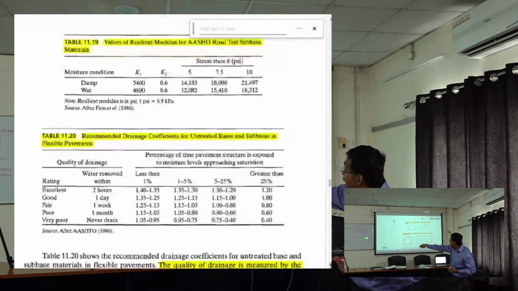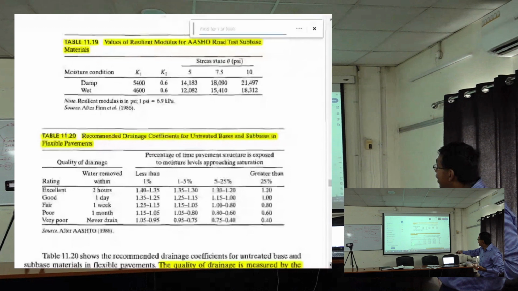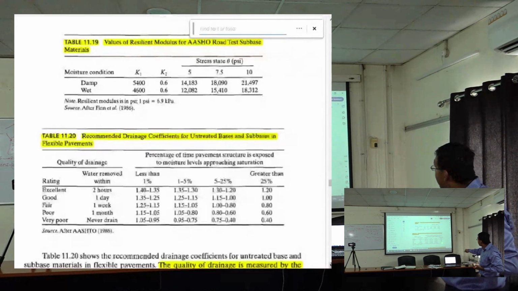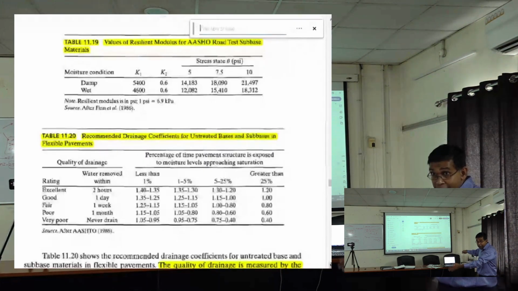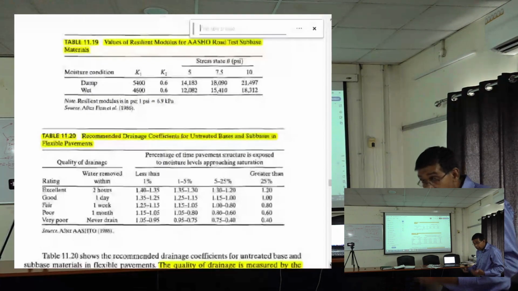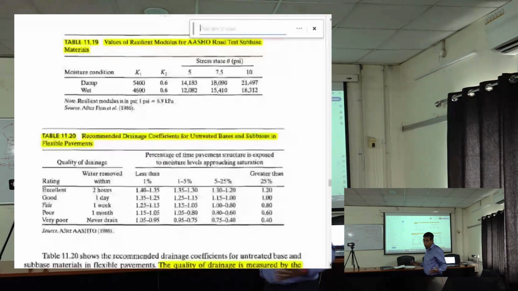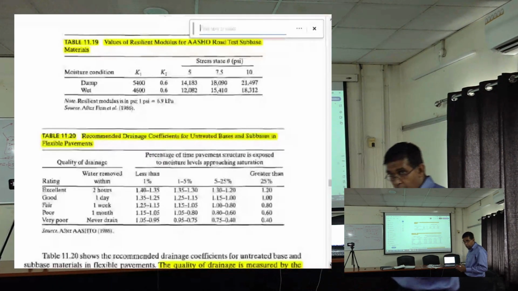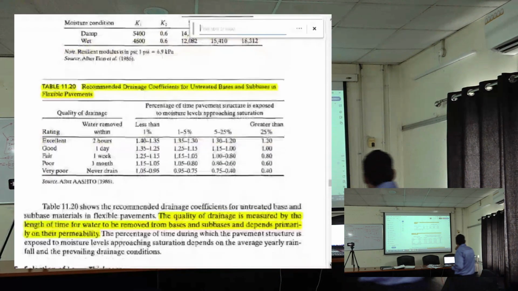So your m2 value now will be 1.4 to 1.35. Go to the other end, very poor drainage, never drains, and water is saturated more than 25% of the time. Right there, it has dropped its capacity by 60%, right? So it really values that the system doesn't store water. So I wanted to make sure that you capture that. So that table is 11.20.